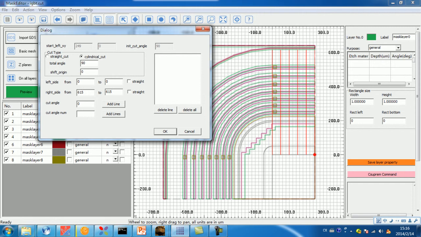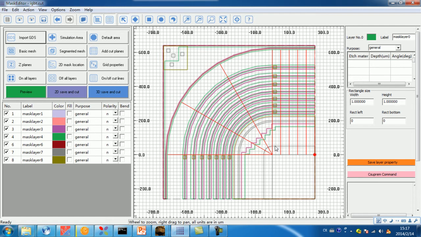I will define 2 cut lines with cut angle equals 30 degrees and 60 degrees. This is the 30-degree cut line. This is the 60-degree cut line. The cut lines on the starting line and the finishing line are default.